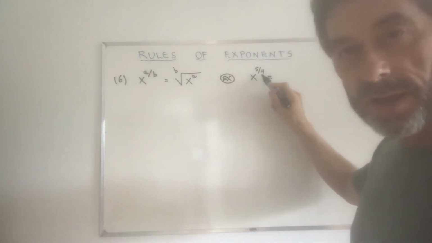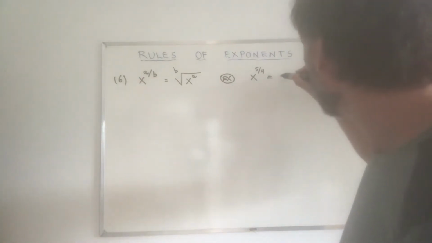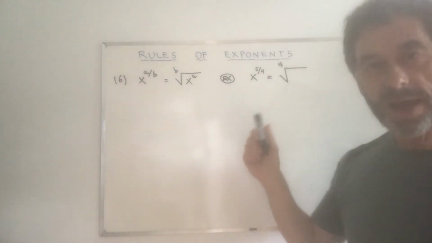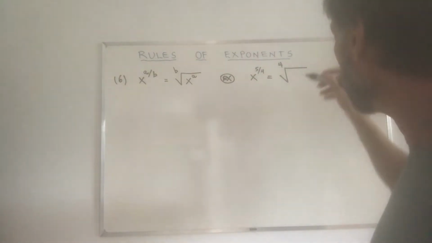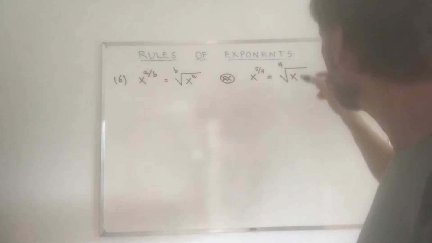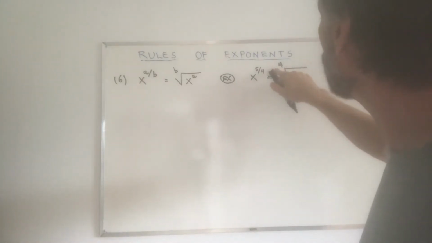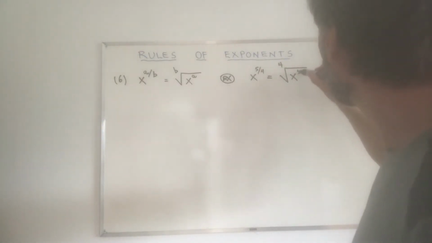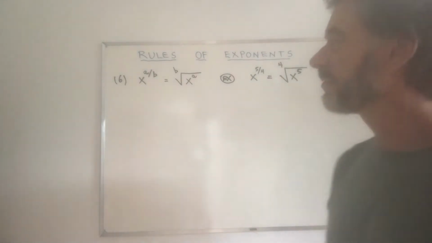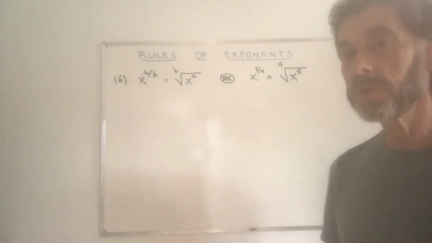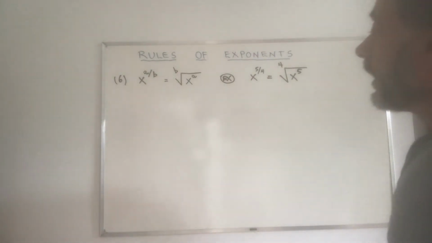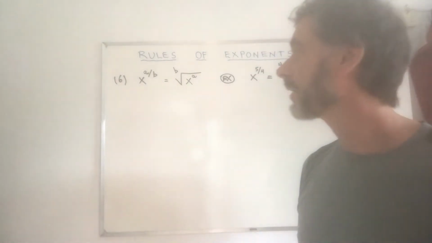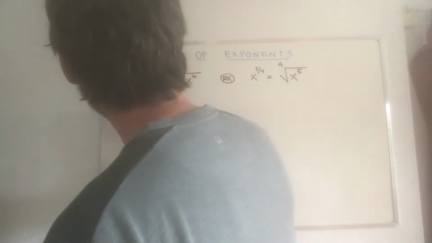So my denominator is 4. That's going to become the type of root that I have. So x to the 5 over 4 is the fourth root of x to the 5. So this is something we will use quite often in this course, and also in calculus aplenty.